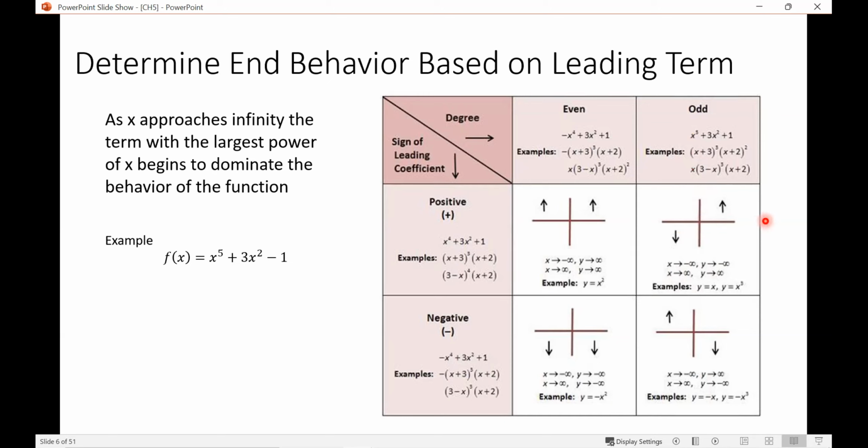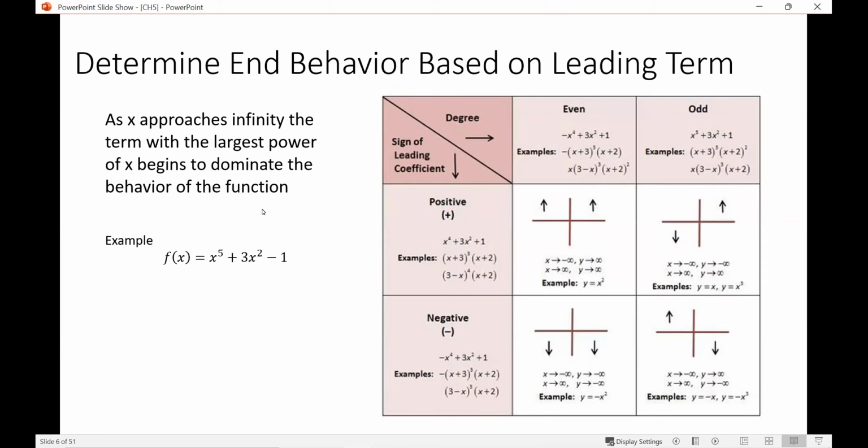As you go to positive infinity in x, you will go to positive infinity in y. But now if you have an odd degree polynomial like x to the 5, but the coefficient on that leading term is negative, then it's going to flip that upside down and you will go the other direction.